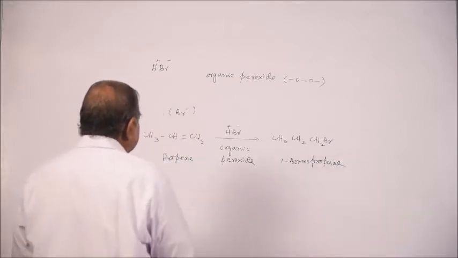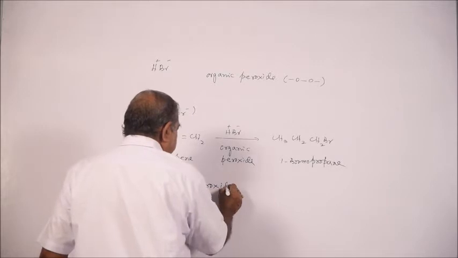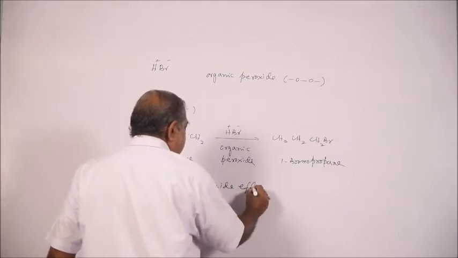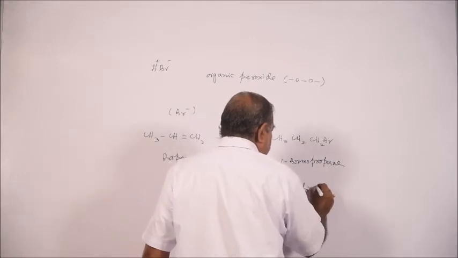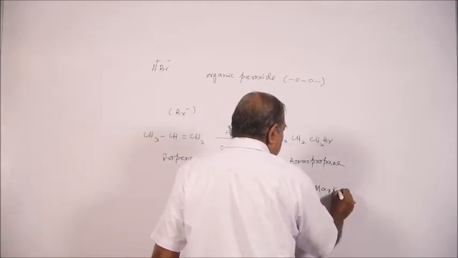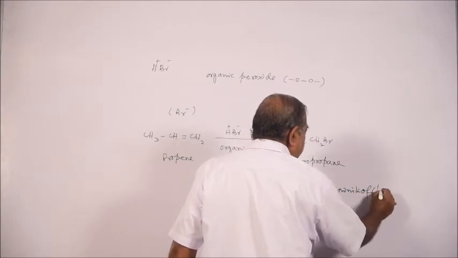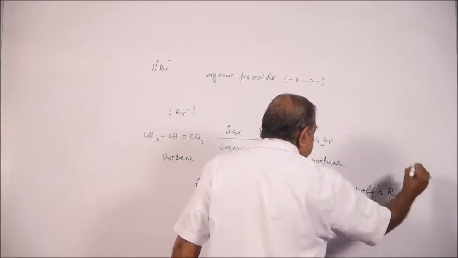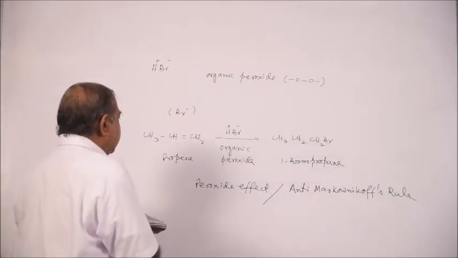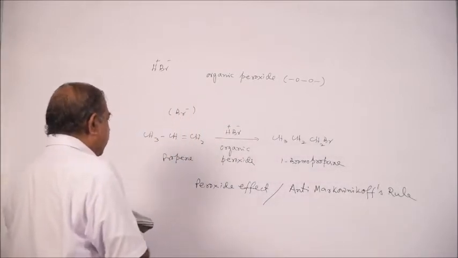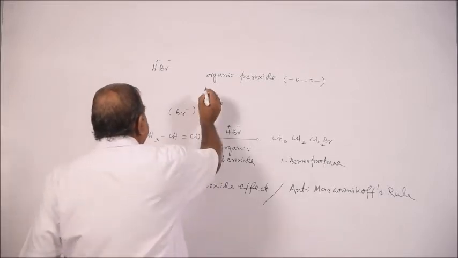This is called the peroxide effect, or sometimes we call it anti-Markovnikov's rule. Only HBr, no other hydrogen halides, when added to an unsymmetrical molecule in the presence of organic peroxide.